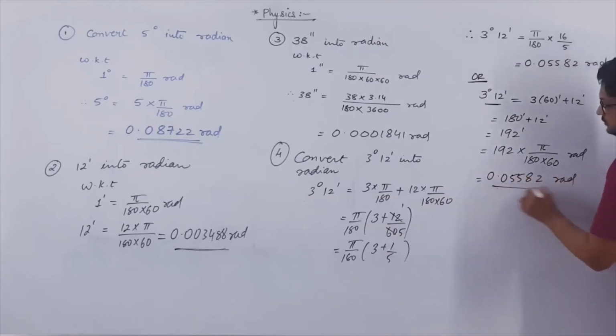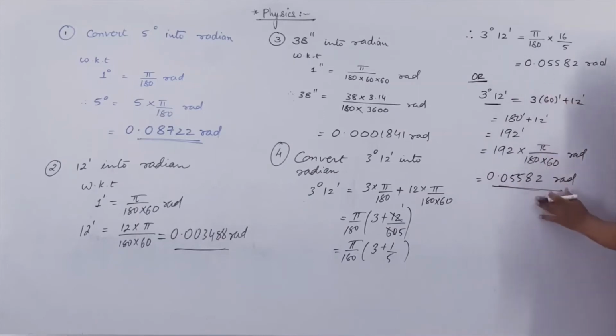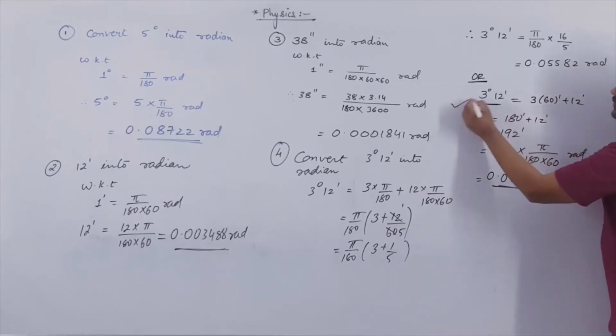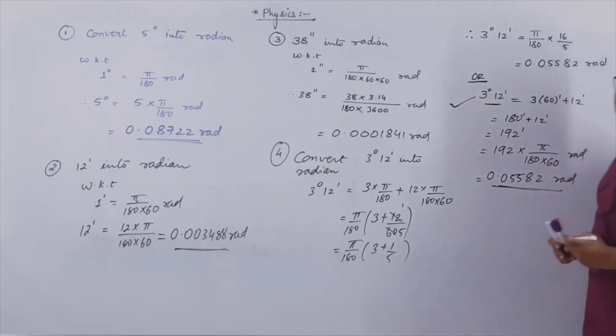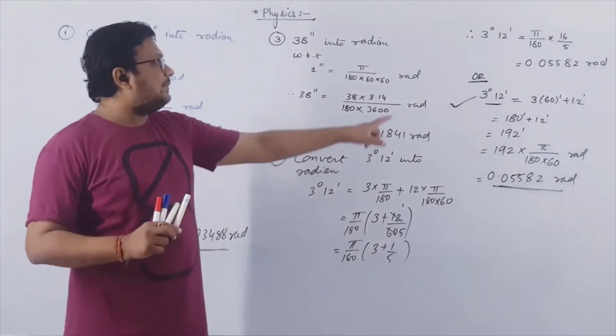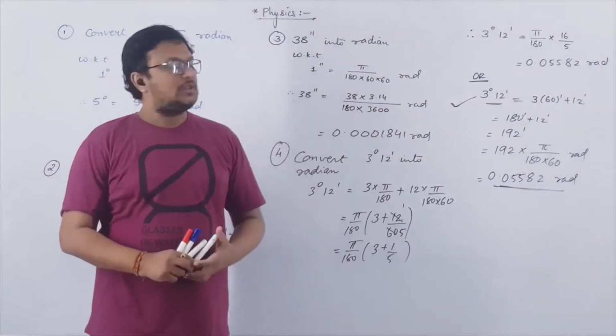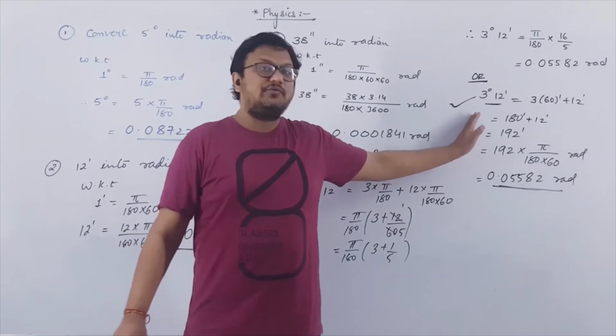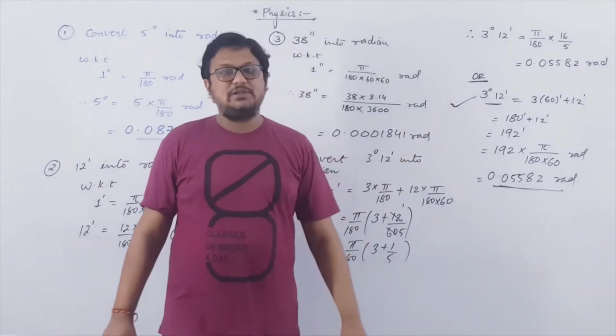So either you can use this method or the other method. Obviously this is the simple one. This method we are going to use while solving examples. You can use the other also if you want, but I think this will be the easier and simplest one, so generally we will prefer this method for solving this kind of examples.